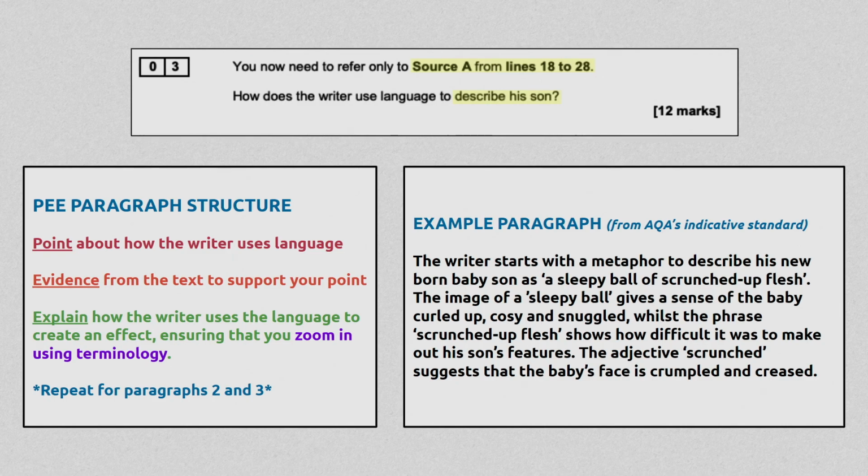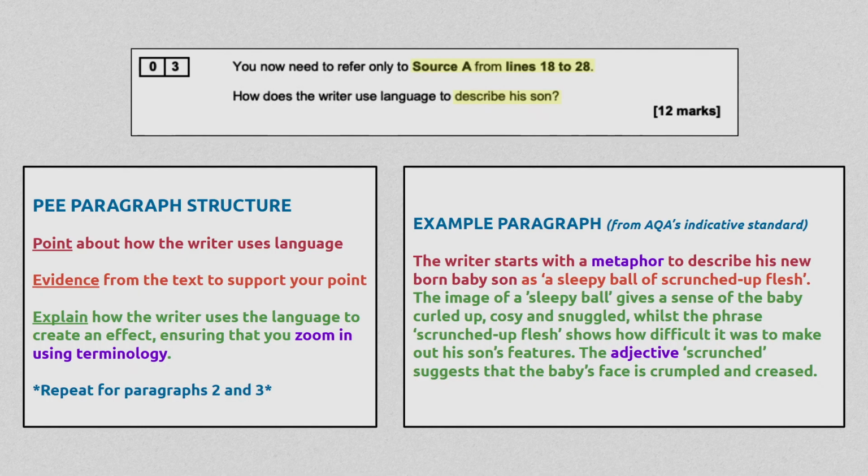The writer starts with a metaphor to describe his newborn baby son as a sleepy ball of scrunched up flesh. The image of a sleepy ball gives a sense of the baby curled up, cozy and snuggled, whilst the phrase scrunched up flesh shows how difficult it was to make out his son's features. The adjective scrunched suggests that the baby's face is crumpled and creased.